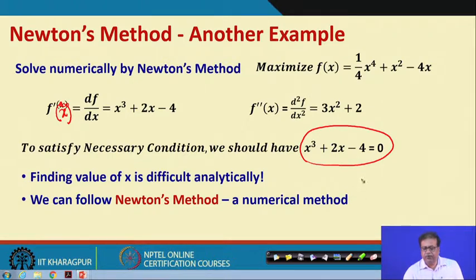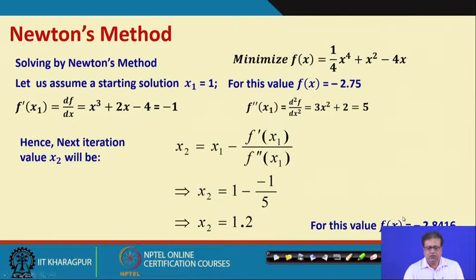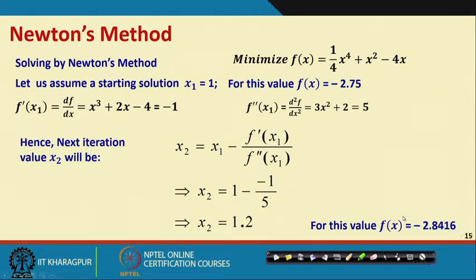So, again it is difficult to solve it. So, we follow what is known as a numerical method. So, what is that numerical method? Once again let us see that by Newton's method. In the first iteration, what we do, we evaluate the f dash x. Let us say again we start with a value of 1 and f x is minus 2.75, and here this was the minimization function.